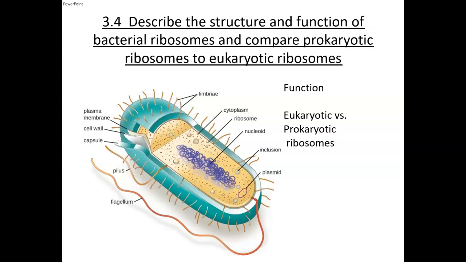So ribosomes are good targets for destruction by antibiotics in bacteria because eukaryotic ribosomes, our own ribosomes, are larger than prokaryotic ribosomes and are not sensitive to being attacked by tetracycline and streptomycin and some other antibiotics.